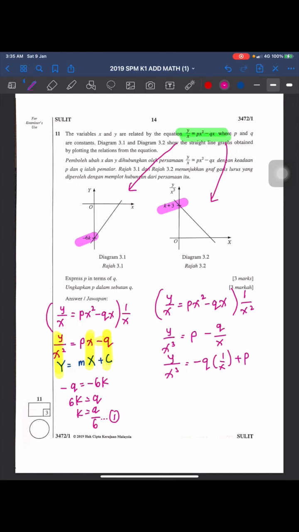Okay, sekarang betul kan? Y kita adalah y over x cube. So x kita ni sebenarnya adalah 1 over x. Then kita ada gradient negative q, betul tak? Negatif, betul, sebab garis ni turun ke bawah. Okay, so saya ada y-intercept saya adalah p. So saya cuba equalkan. So p is equals to k plus 3. Sebab dia nak dalam soalan p in term of q kan.